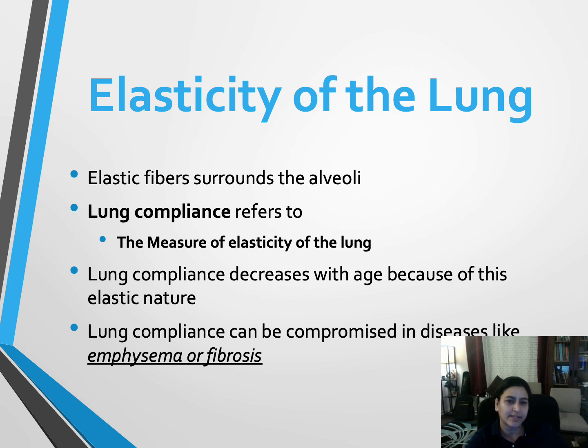So, elasticity of the lung. Lung compliance refers to the measure of elasticity of the lung, and it decreases with age, and especially in emphysema, COPD, or fibrosis. Fibrosis means there would be formation of scar tissue in the lungs, so the lung compliance would reduce.